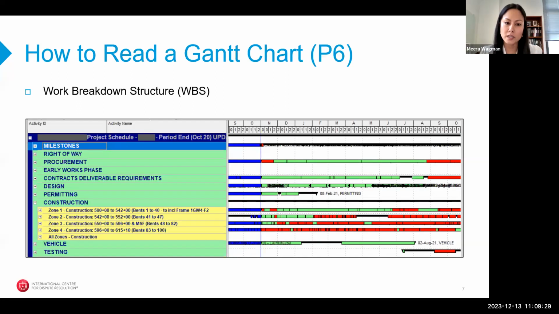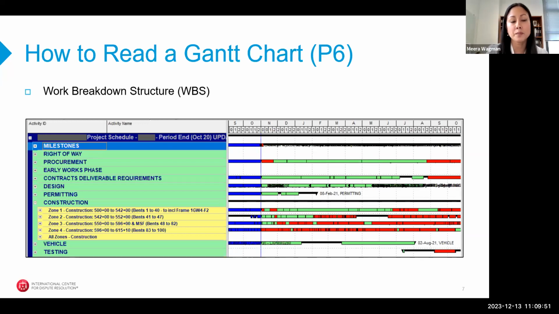The vertical blue line is what we call the data date or the status date. The blue bars on the left of that line represent the as-built activities, completed activities. And the bars on the right in green or red represent the remaining forecasted activities to completion, green being non-critical and red signifying activities on the critical path to completion at that point in time.